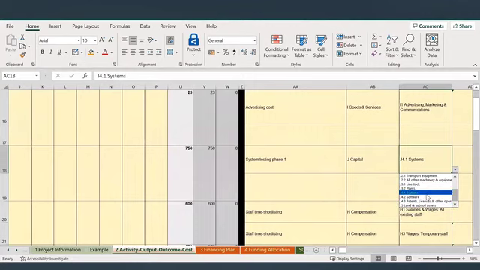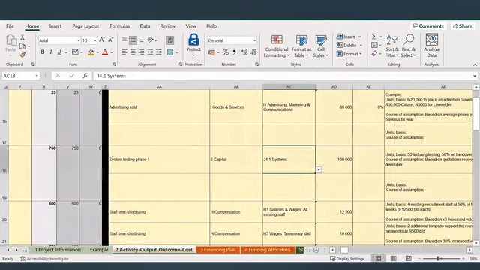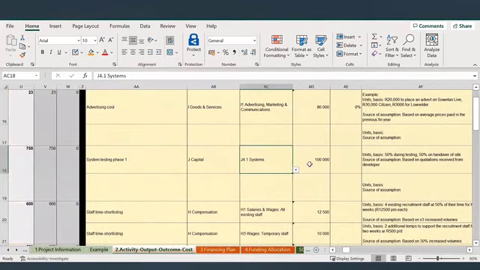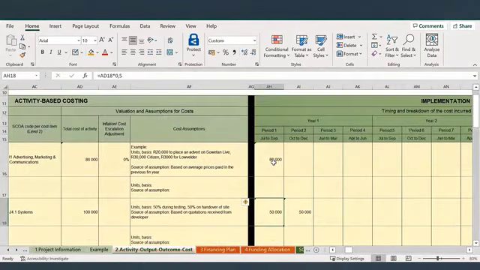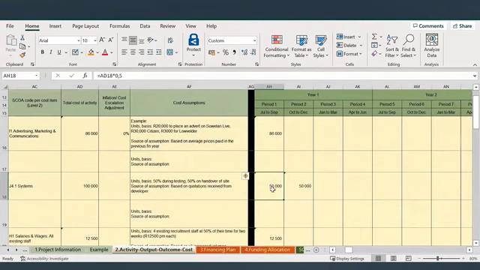However, systems is the most appropriate selection to make. And here we've been told that the full quote for that phase is 100,000. However, they'll be required to pay 50% during testing and 50% on handover of the site. So we split that up exactly like that, 50% in period 1, which is when we're doing the testing, and we've just accounted for the handover of that system.